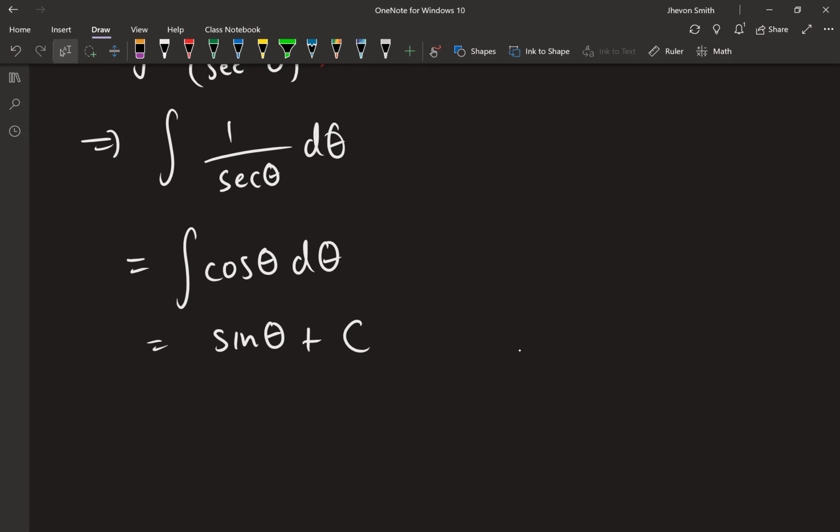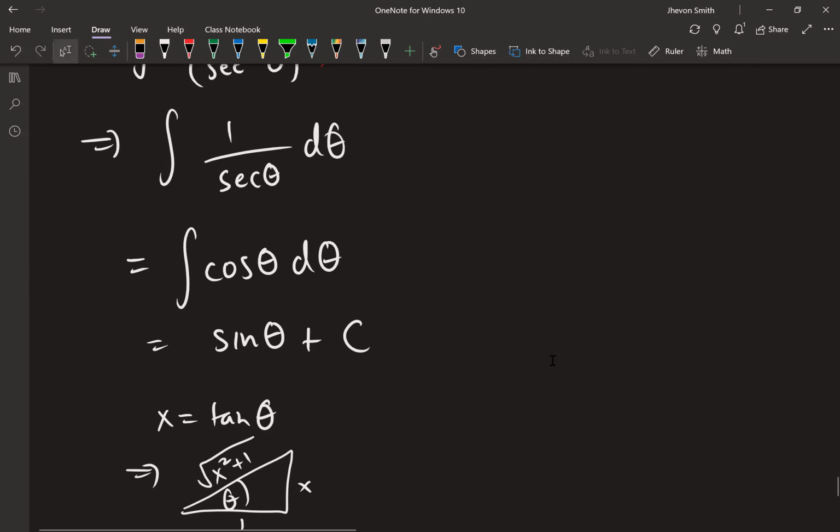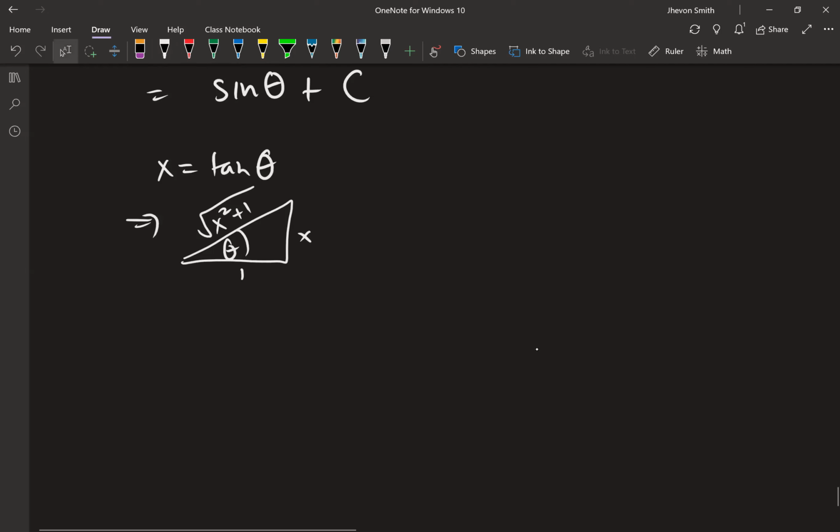And now you'd have to do your back substitution. You know that x is equal to tangent theta. And so this means that we can have a triangle. Tangent is opposite over adjacent. So the hypotenuse is going to be the square root of x squared plus 1. And so from that, I can find the sine function easily. Sine of theta is opposite over hypotenuse.